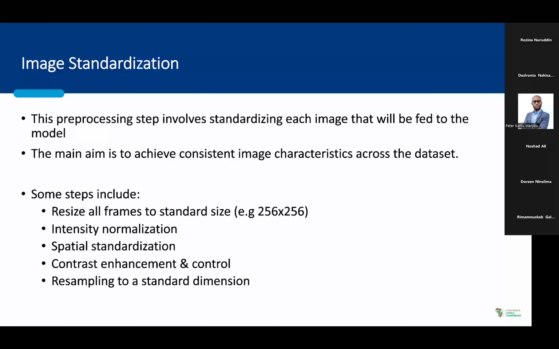Some devices capture a different physical dimension than other devices, so resampling those into the same dimension is necessary. We'll also talk about resampling to a standard dimension later in the notebook with code examples, so you could see that as well. These are some of the steps that you include to standardize images.